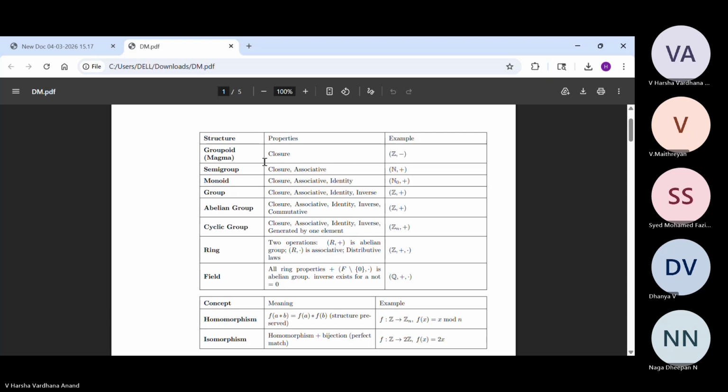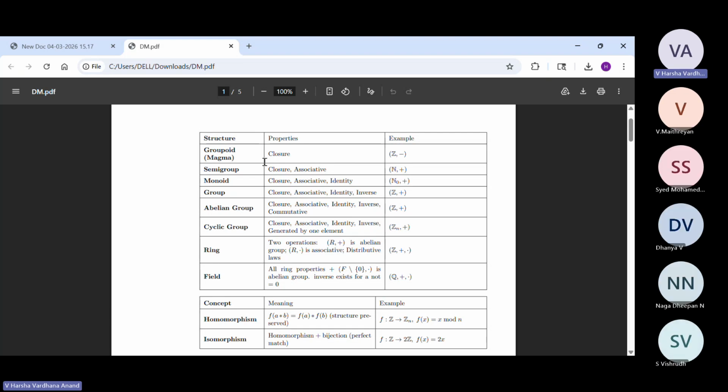So in this set, like semigroup, monoid, group, each one will build on the previous one. So பாத்தீங்கன்னா இப்போ semigroup would be groupoid plus something. Monoid will be semigroup plus another thing. So semigroup here is groupoid plus associative property. So it's closure and associative. Example here is N plus.